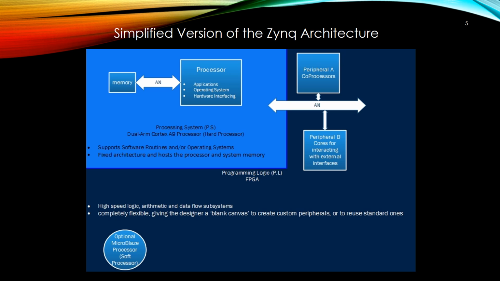The PL section is ideal for implementing high-speed logic, arithmetic and data flow subsystems, while the PS supports software routines and operating systems, meaning that the overall functionality of any design system can be appropriately partitioned between hardware and software. The links between the PL and PS are made using industry-standard Advanced Extensible Interface AXI connections.